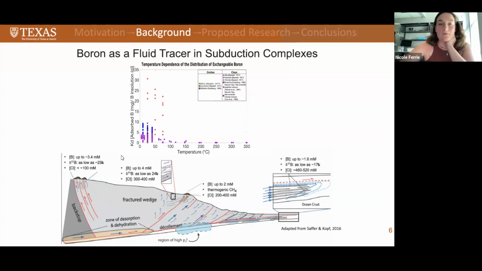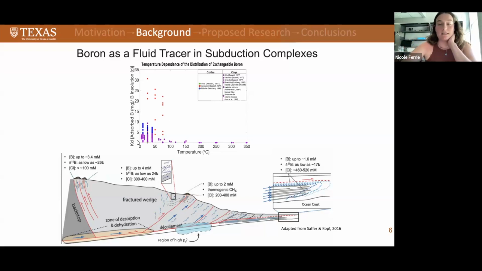Now, the number that we use to link the boron concentration to the temperature is the distribution coefficient, or KD, which I have in this figure here. So KD is the amount of adsorbed boron versus boron in solution. A higher KD means that more boron is adsorbed to the clay surfaces, whereas a lower KD means more boron is in solution.